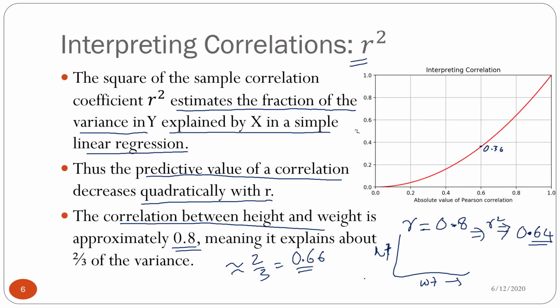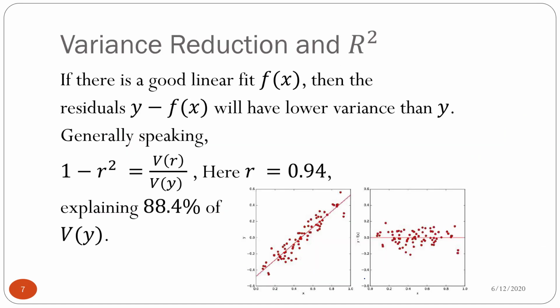So just to give you some idea about how we reached this conclusion, that R square explains the variance in Y, let's look at a few more terms that relate to R square.